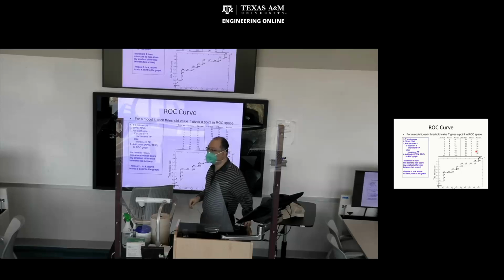If you have an infinite amount of samples, or the scores are very close to each other, like a continuum distribution, then your curve will be smoother and smoother. But anyway, you can calculate the area under the curve.